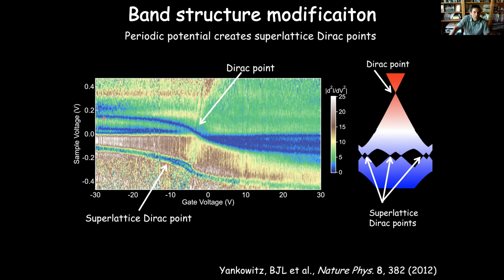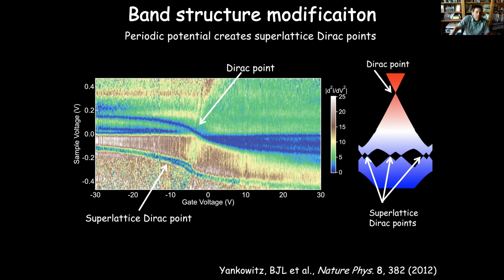What you'll notice is there's this blue dark point that runs along in this pattern. That's coming from the Dirac point in the graphene, so that's our minimum in the density of states. And there's a second dip running completely parallel to it along the bottom.